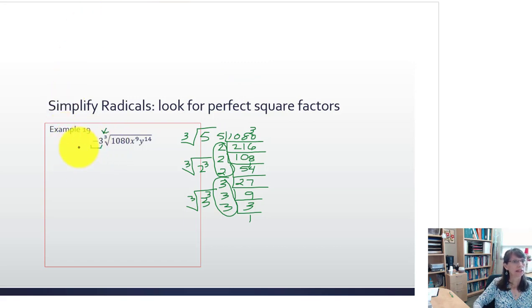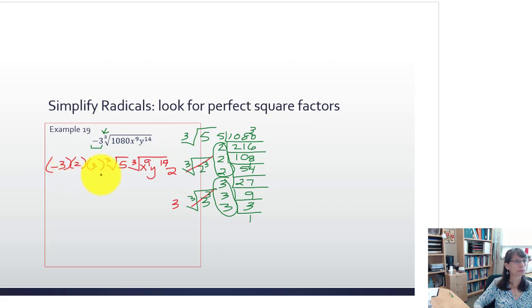So I have -3 that already cleared the radical. The cube root of 2 cubed, remember, will clear the radical as 2. The cube root of 3 cubed clears the radical as 3. And then I have the cube root of 5. And then I still have to work with x to the 9th, y to the 14th.